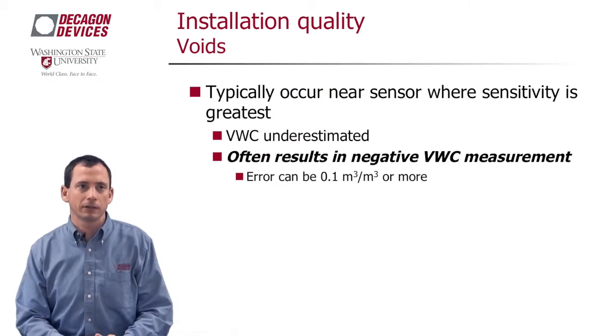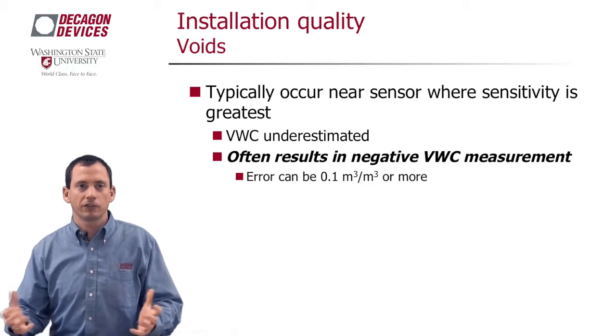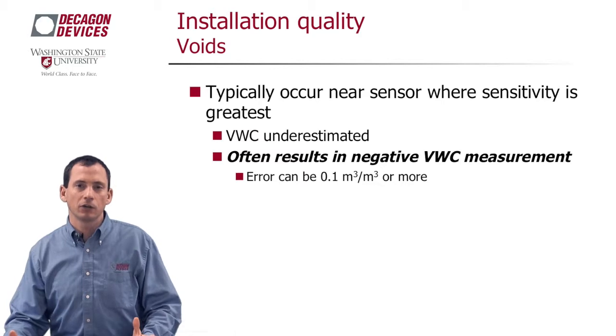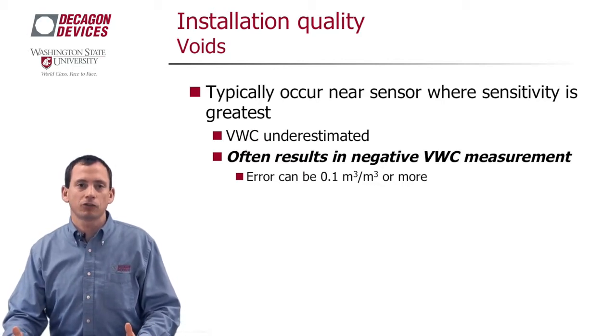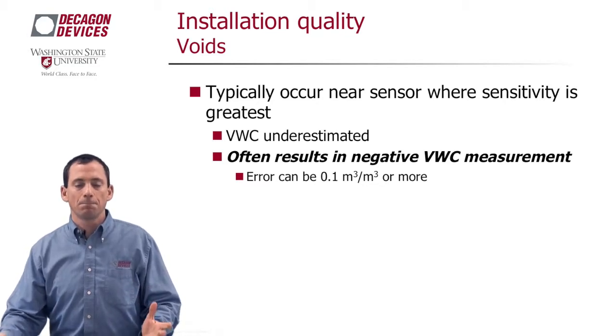So here we have it that those voids or air gaps typically occur near where the sensor sensitivity is greatest. And so this can give you a massive underestimation of the water content. And this is by far the biggest reason that your soil moisture sensor might read negative. Okay?